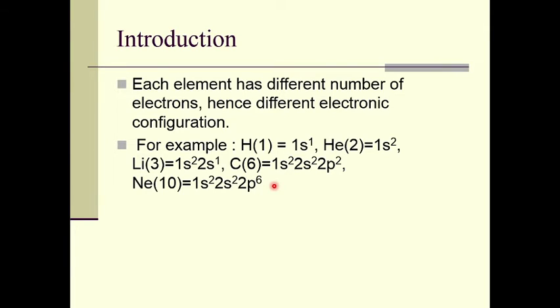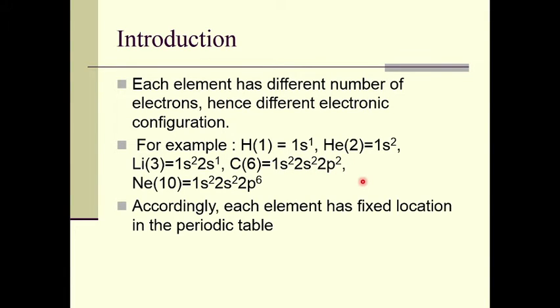We know that the second shell can have only 8 electrons, right? So in the case of neon, the second shell is filled. In the case of carbon, the shell is not filled because its electronic configuration is not complete. It should have 8 electrons in the outermost shell.